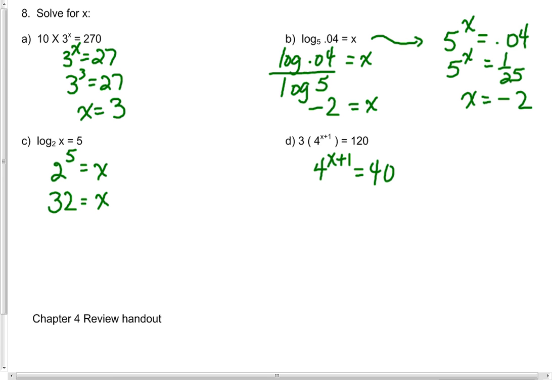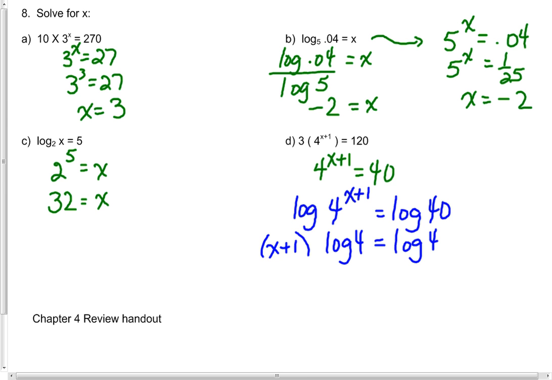We can solve that many different ways. We can look for a point of intersection. We can guess and check. We can solve by graphing. No, thank you. We can do logs of both sides. Totally up to you. I'm going to do logs. If I do log of both sides, I know that my exponent can be brought down on the left side so that I have x plus 1 times log 4.